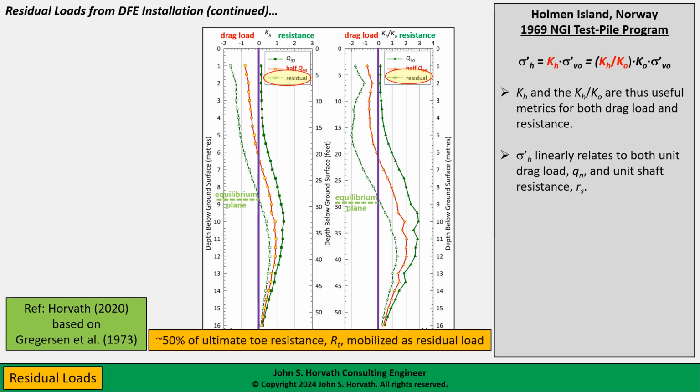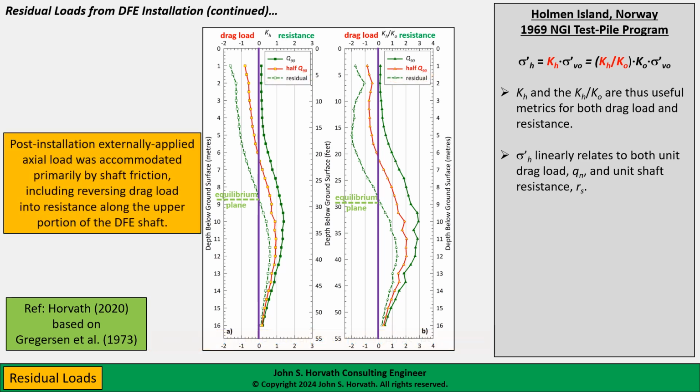Now, in this case, about 50% of the ultimate toe resistance was mobilized as a residual load. It doesn't show up on these plots, but I'm just adding this to give you some perspective. And this is a not uncommon type of value I've seen. You could get quite a bit of the ultimate toe resistance mobilized as drag load with driven piles in coarse-grained soil.